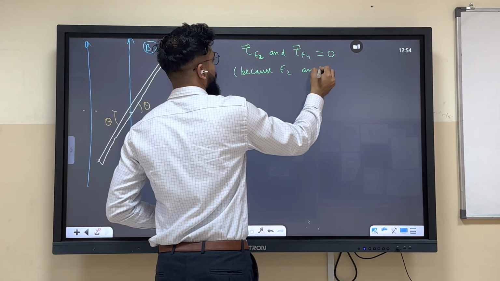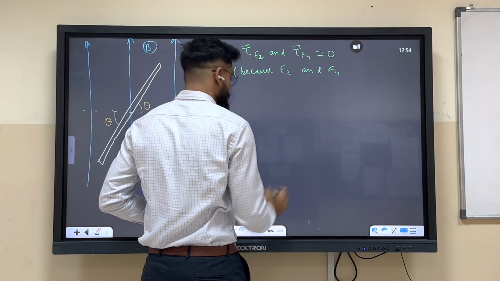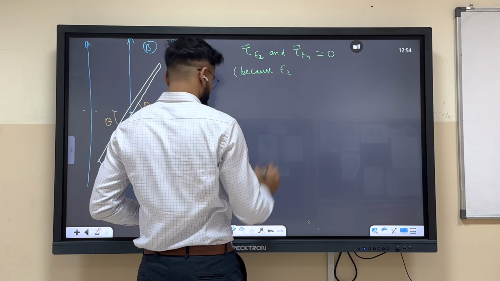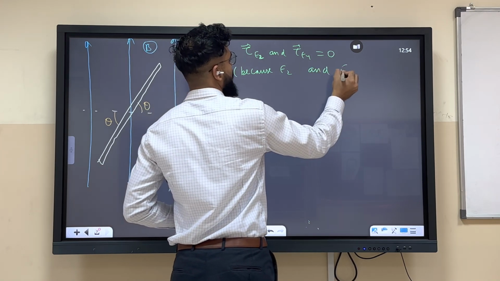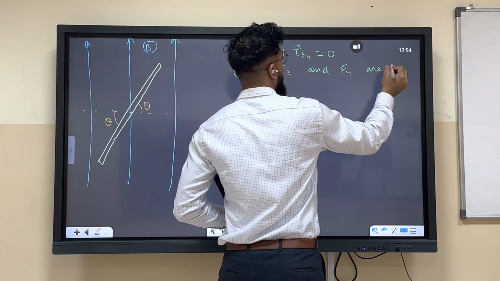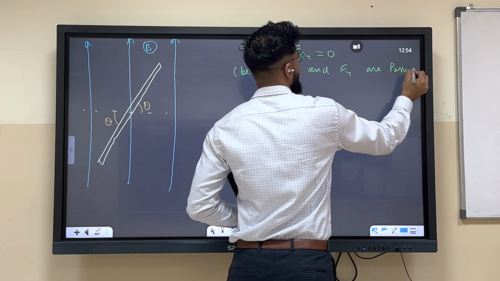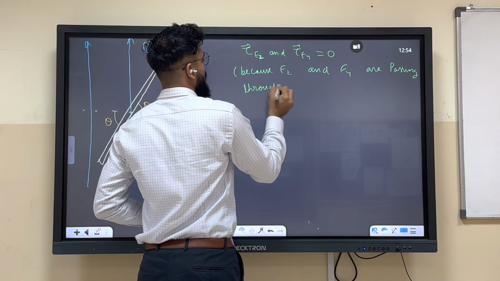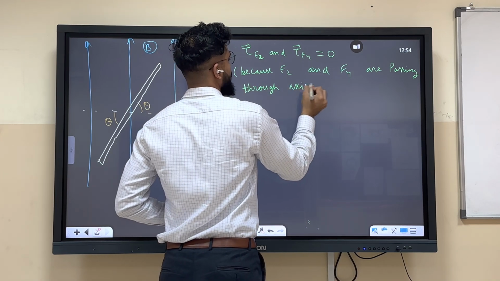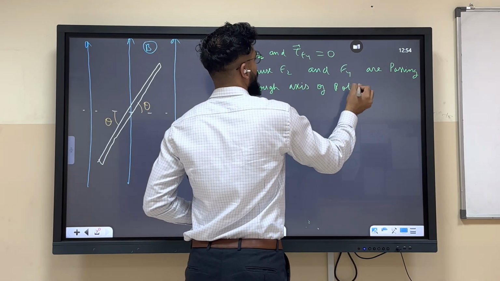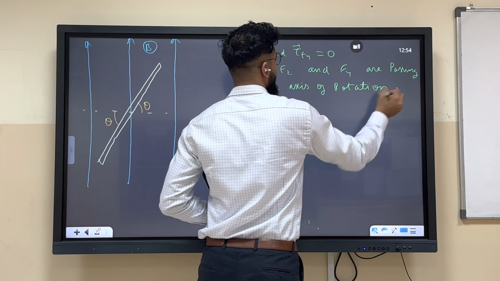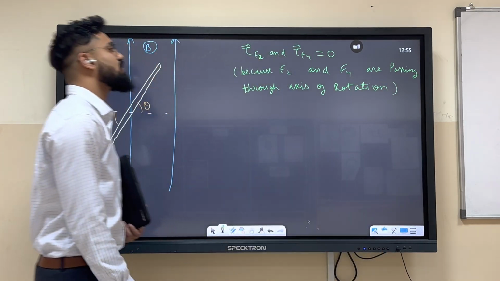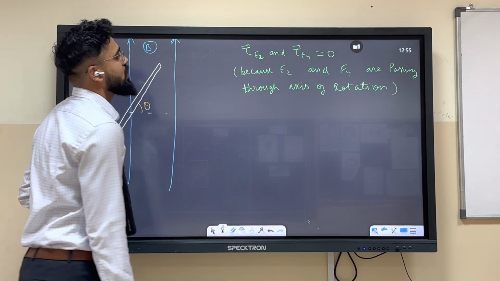F2 and F4 are passing through the axis of rotation.